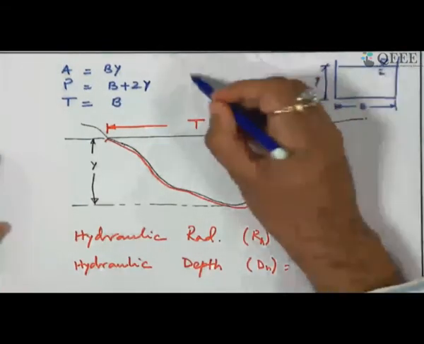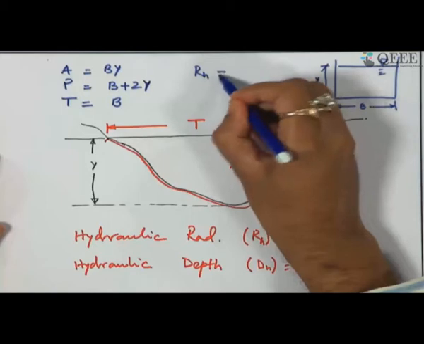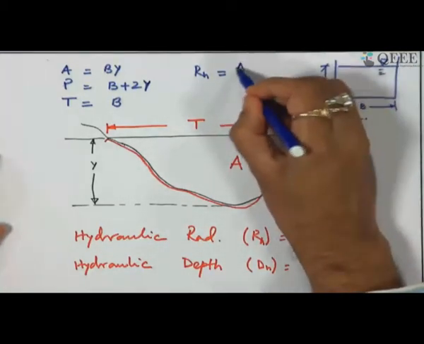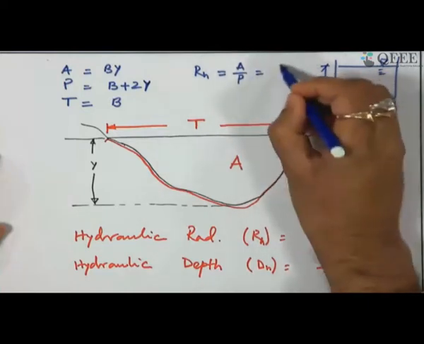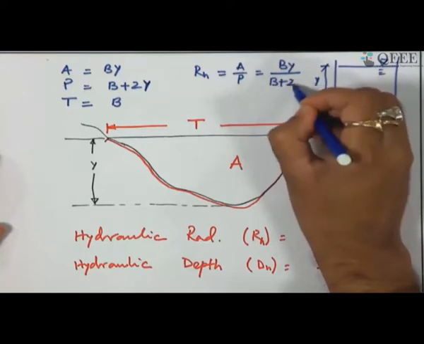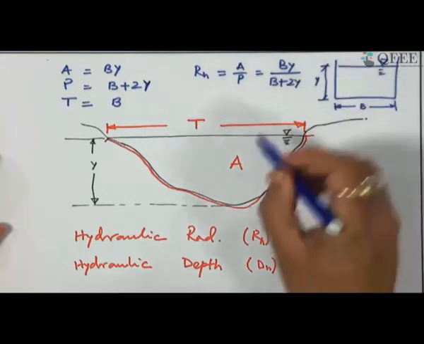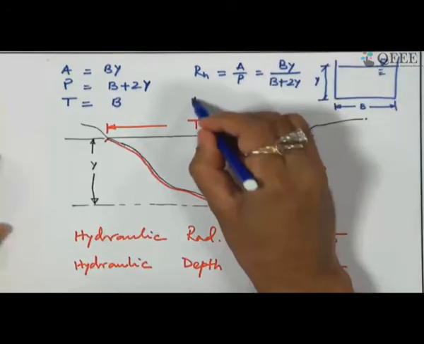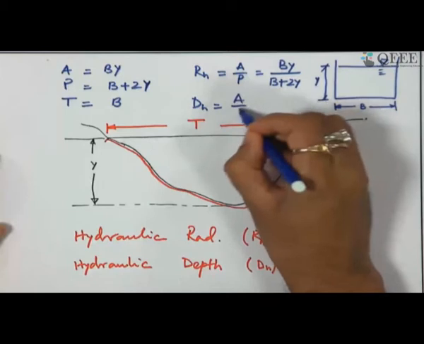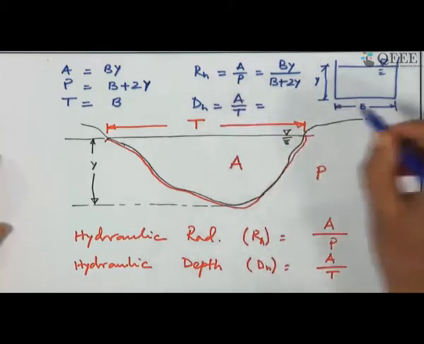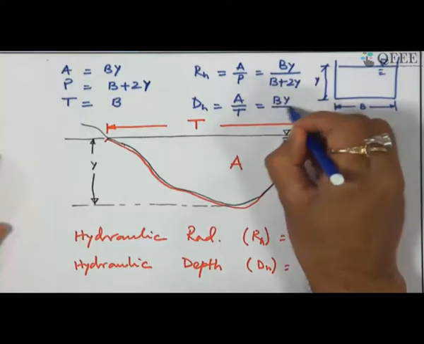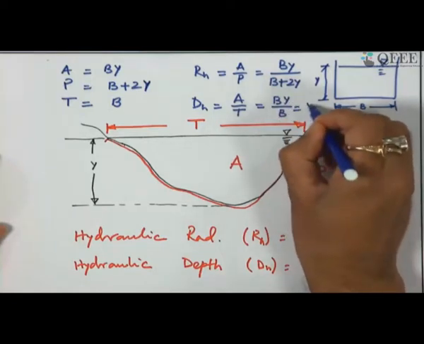So, this hydraulic radius in this case is A by P, or this is b y by b plus 2y, and hydraulic depth is A by T, or this is b y by b, or y.